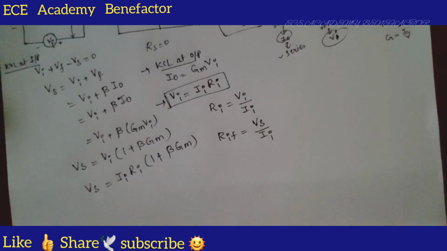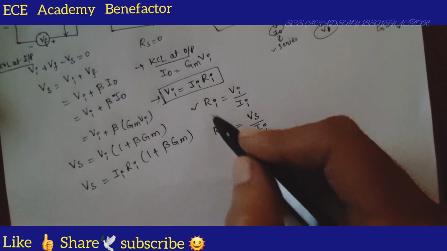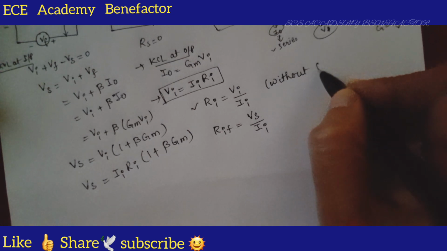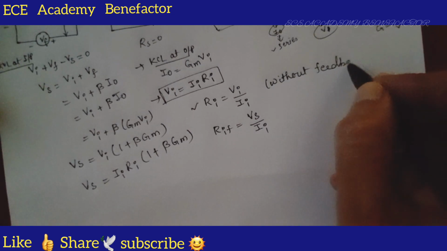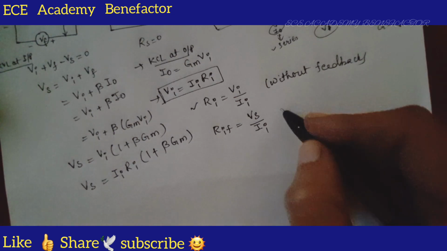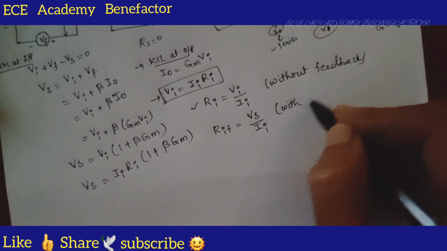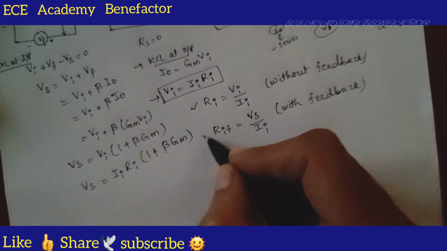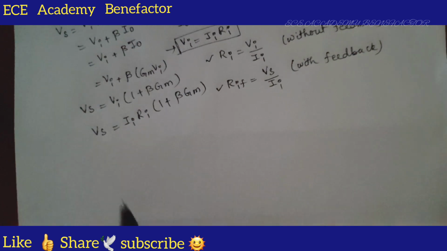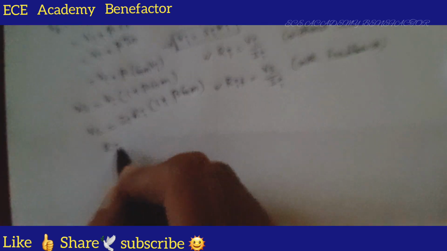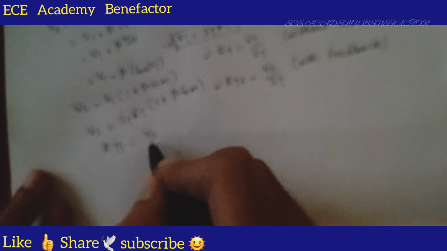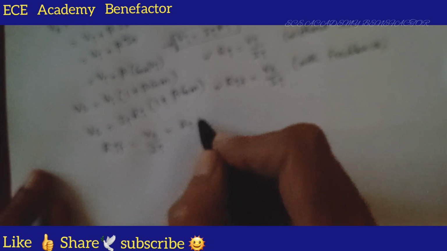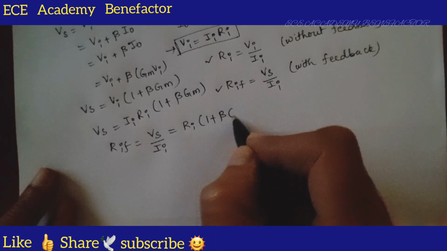Okay, so these are two different equations. This is input resistance without feedback, and this is input resistance with feedback. So, what is RIF now? RIF is equal to Vs by Ii, which is equal to Ri times 1 plus beta Gm.